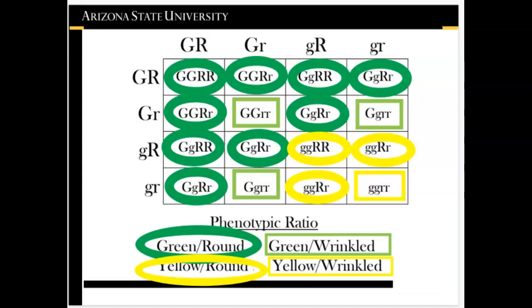To calculate the ratio of allele combinations of genotypes, we would combine any identical genotypes for each possible combination.